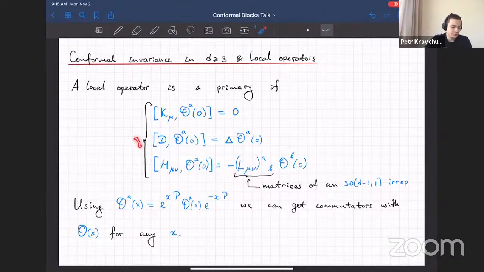Given these properties, since an operator at an arbitrary point can be obtained by just applying the translation generator, and we know the algebra, we can get the commutation relations of O of x with all conformal generators for any x. But these are kind of cumbersome and we won't really need them.